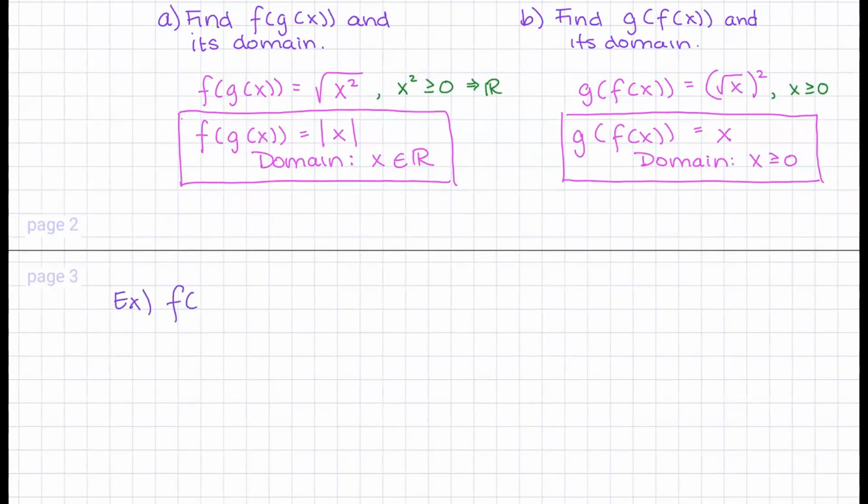Let's say that f of x is the square root of x minus 7, and g of x is x squared. So go ahead and try it on your own if you want. Same directions after that. So find f of g of x and its domain.